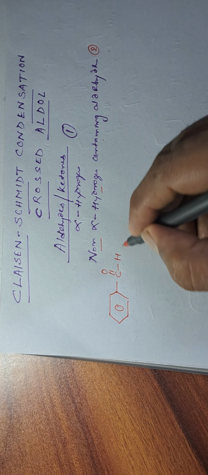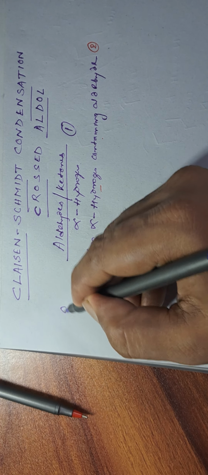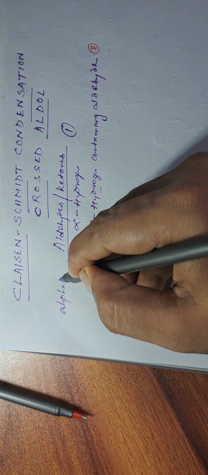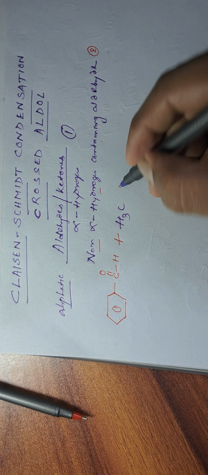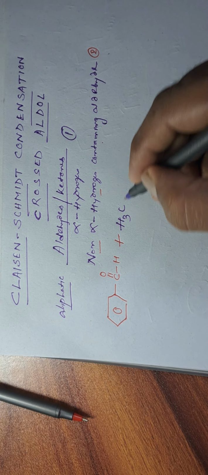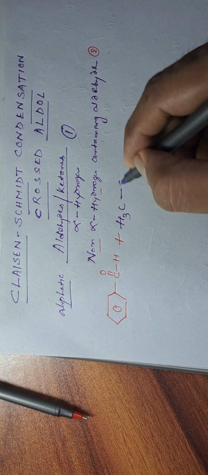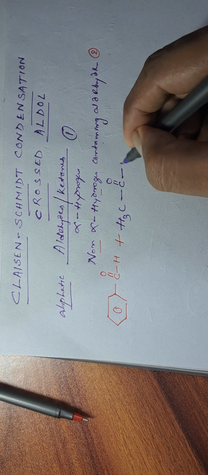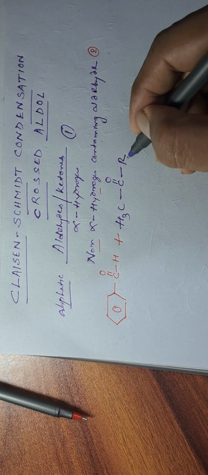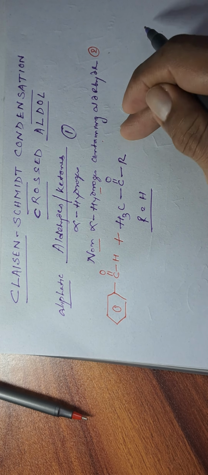At the same time we have to take the other reagent, that is your alpha hydrogen containing aldehyde or ketones, and they are basically of aliphatic origin. So let's do one thing. Let us take one simple aldehyde, like you can take CH3 C double bond O R, right? And if I just put R equals to H, it is acetaldehyde.